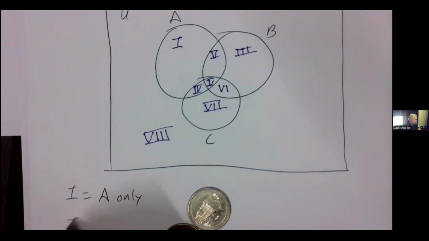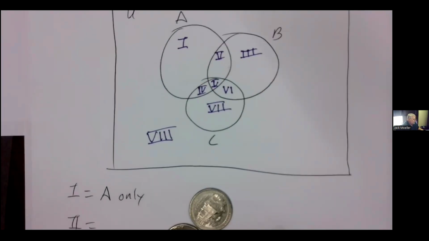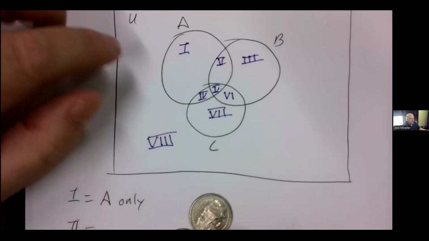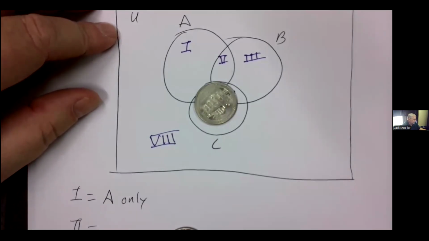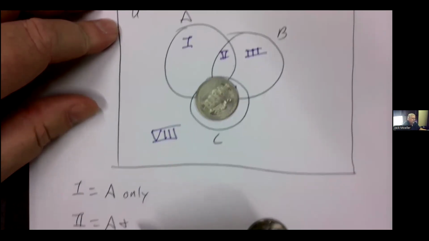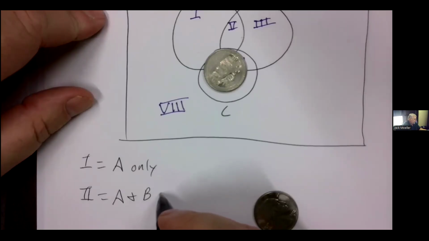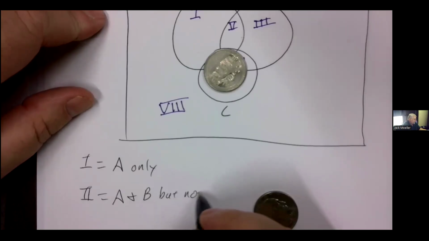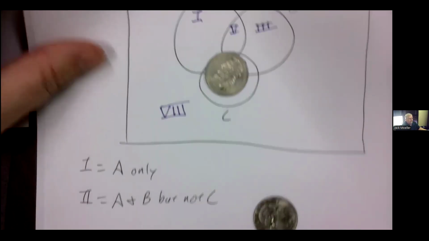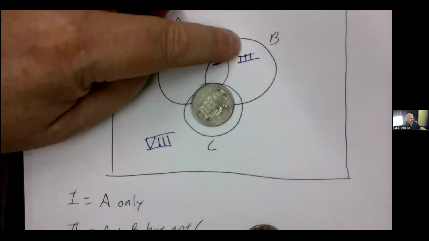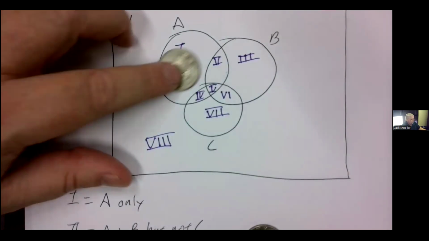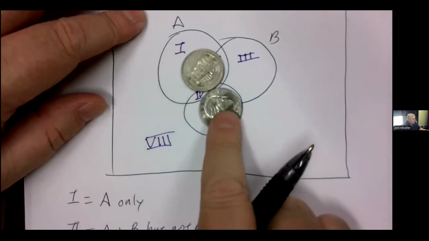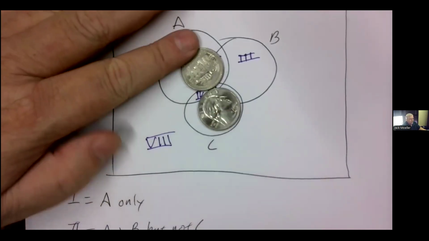What about region 2? Region 2 is in the A circle. It's in the B circle, but it's not in the C circle. So this is A and B, but not C. What about region 3? Well, it's in B, but it's not in A and it's not in C, so it is B only.